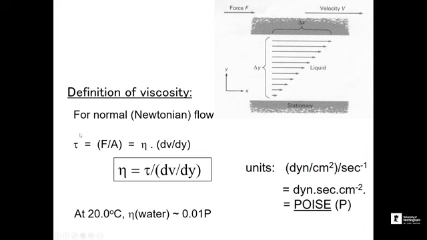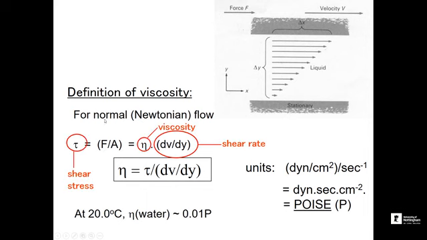And the force applied, well, we call it the stress, which is the force per unit cross-sectional area. So F over A is the stress, or shear stress. dv/dy is called the shear rate.